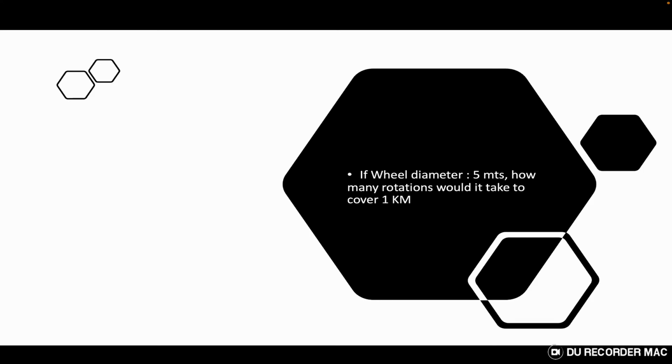But people fail to realize that that's not the rotations. That will give you a result of 200, which is basically the number of such wheels you could put side by side to cover 1 kilometer distance.